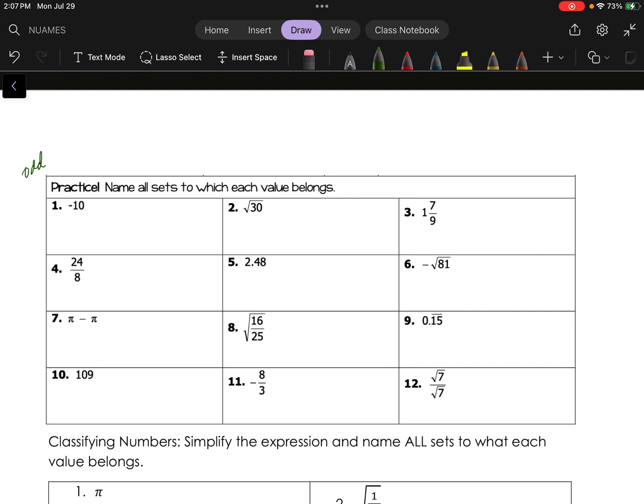Okay, so let's have a very quick review on the notations that we use, so that we'll just write the short letters. We have the natural numbers, the whole numbers, the integers, the rational, the irrational.